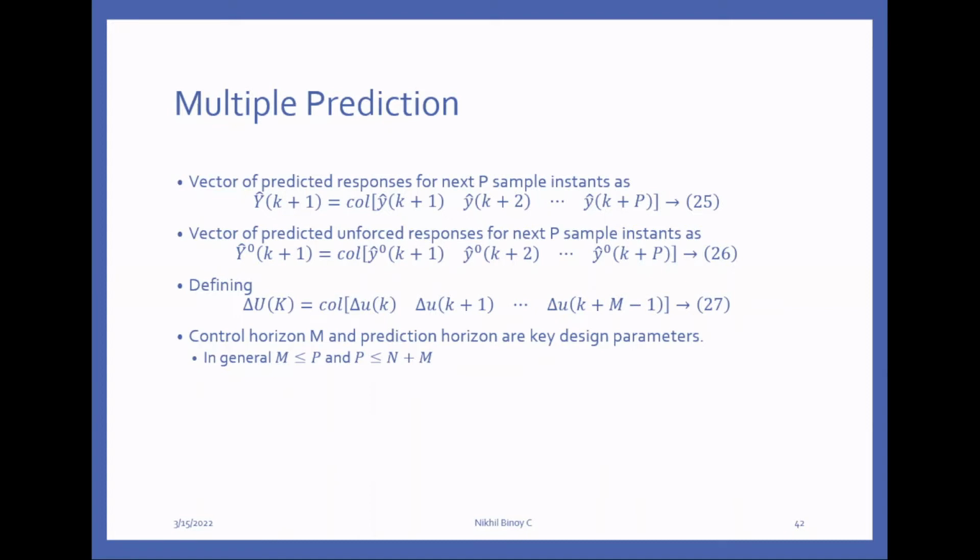Okay, so these two are very, very important. M must be less than or equal to P and P must be less than or equal to n plus m. So definitely P is greater than or equal to n, because m is less than or equal to p means p is greater than or equal to n, definitely. Okay, so these are the criteria.